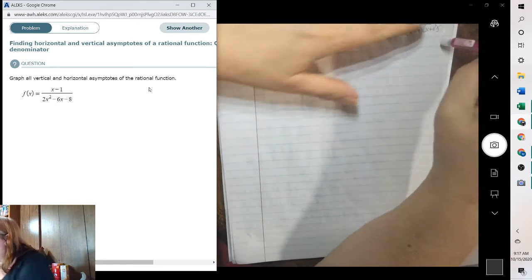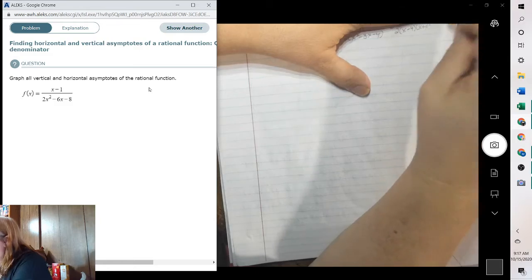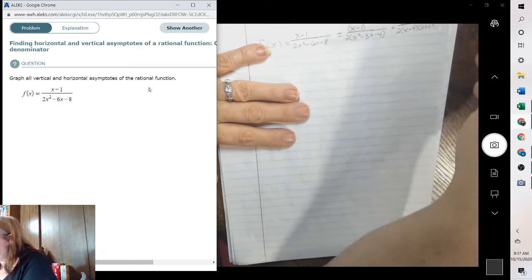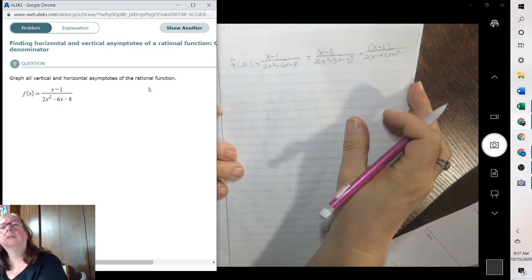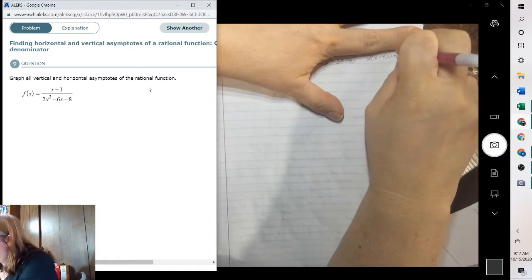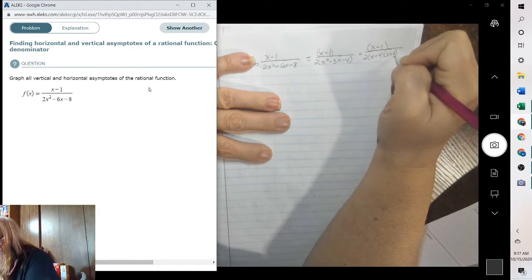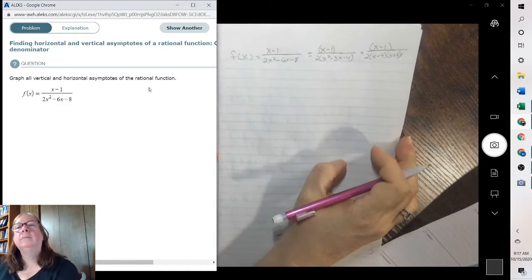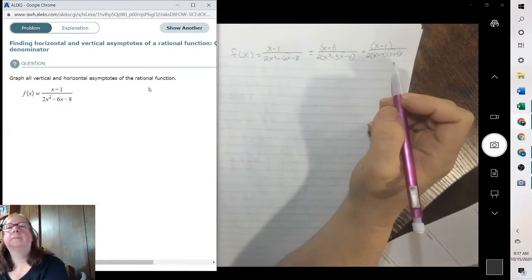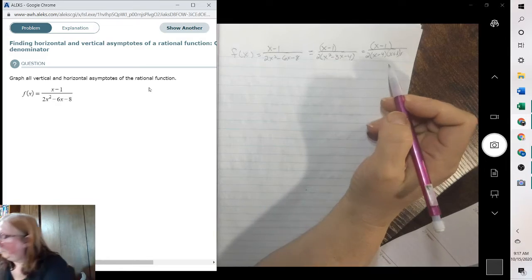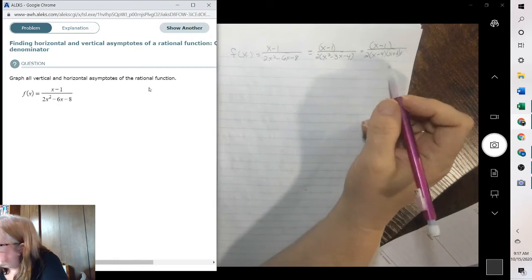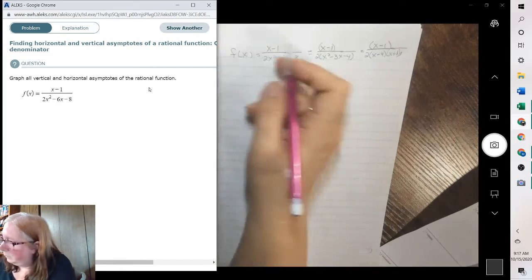It's up to you if you factor it here or when you're finding your domain, but you're going to have to factor the bottom anyways. I thought these were going to cancel, but they don't.